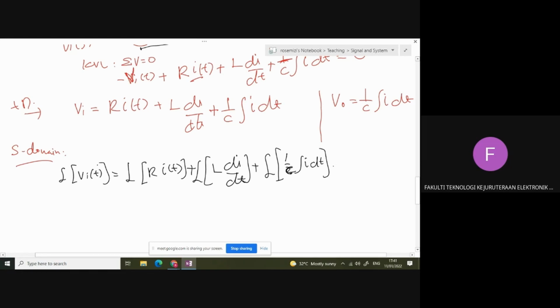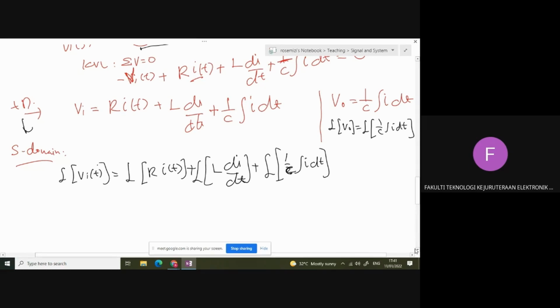This one also we Laplace it: Vout equal to Laplace of 1 over C integral I dt. So far okay? From time domain to S domain, okay? Any question? No, Prof. No, okay.